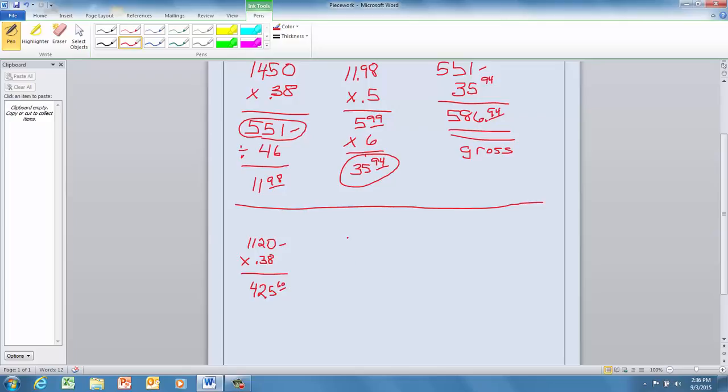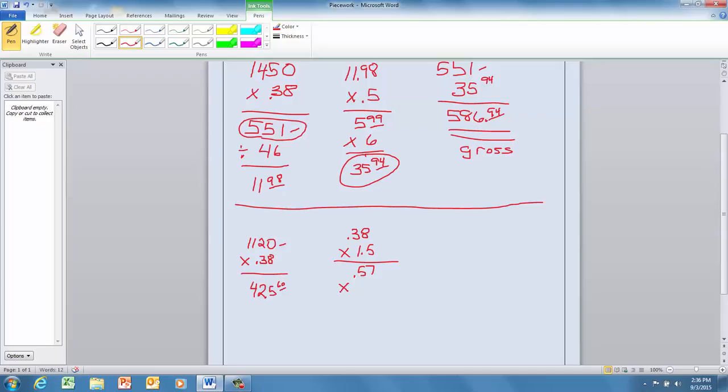Then I'm going to take the 38 cents, which is the regular piece rate. I'm going to multiply that times 1.5, and that's going to give me 57 cents per piece, which is what we're going to get for the overtime pieces.